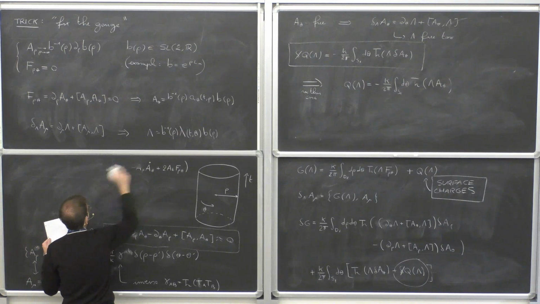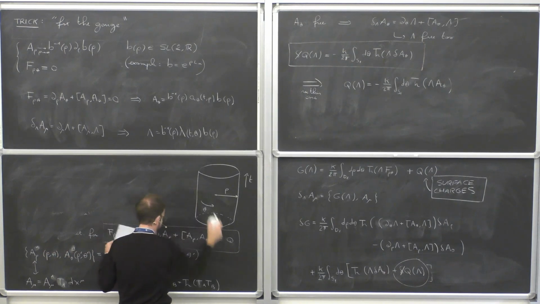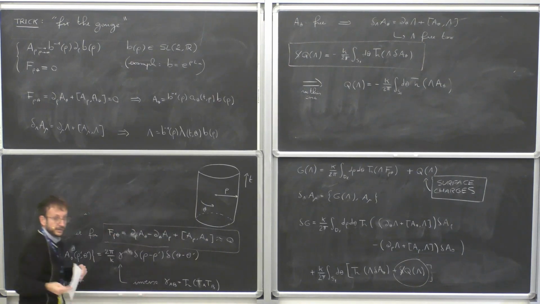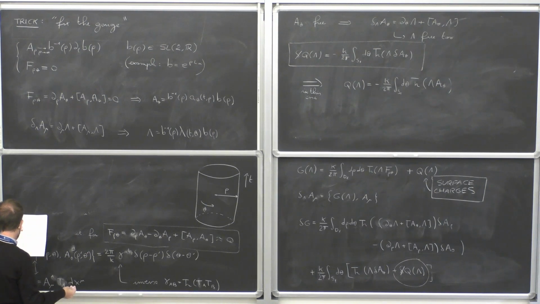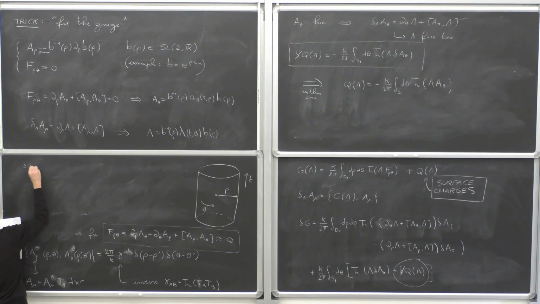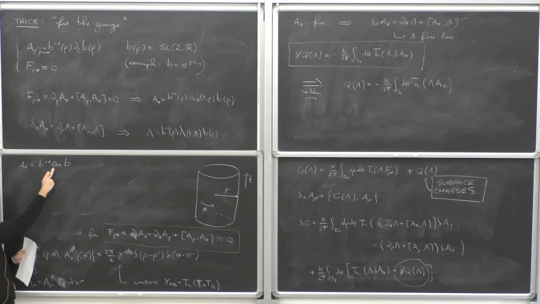I told you that the Lagrange multiplier must be such that the evolution in time is preserved. So in particular, on each time slice, I must preserve the boundary conditions that I'm imposing. In order to have this condition, this means that the gauge variation of, well, first of all, the Lagrange multiplier takes this form, where again this guy only depends on B and this guy depends on A and T, on t and rho.